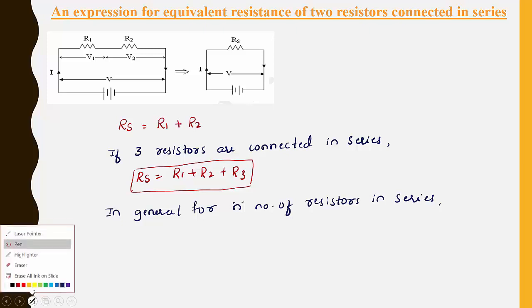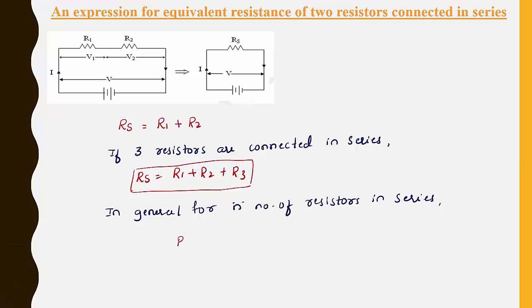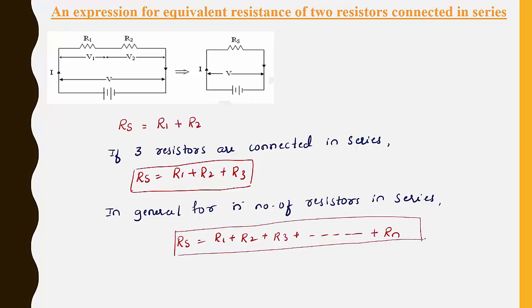Rs equal to R1 plus R2 plus R3 plus R4 and so on up to the nth resistor, let us take it as Rn. So this is for n number of resistors connected in series.